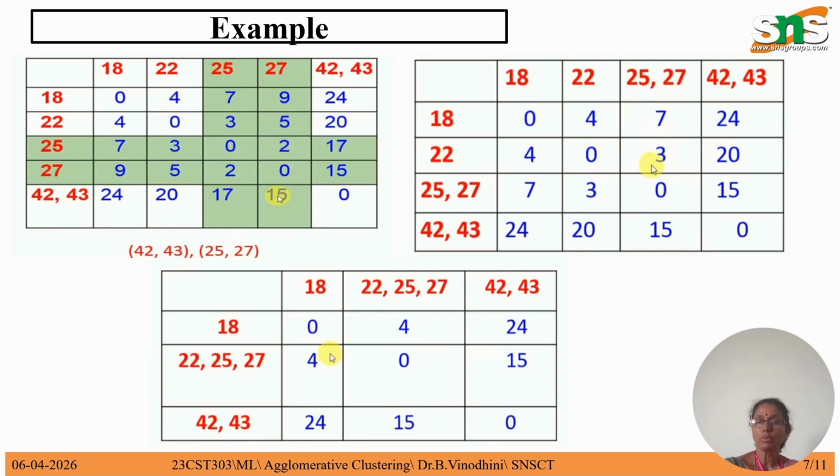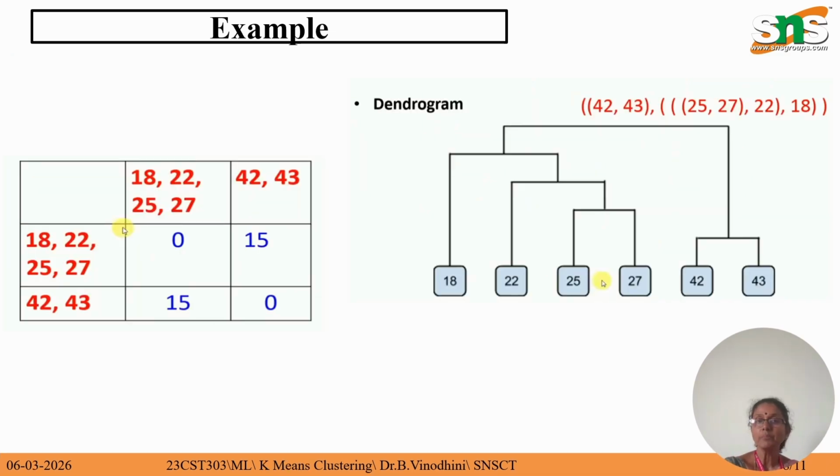In the third step, we merge that cluster with 22. In the next step, we merge that with 18, and finally we get the dendrogram. First we merge 42, 43 and 26, 27, giving C2. Then the C3 cluster is C2 plus 22, and after that C3 is combined with 18. Finally C4 and C1 are combined, and we get only one cluster, like this diagram.